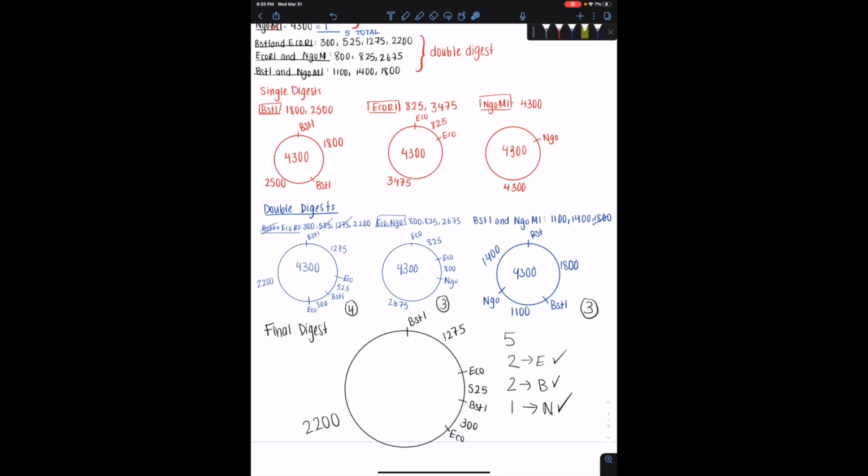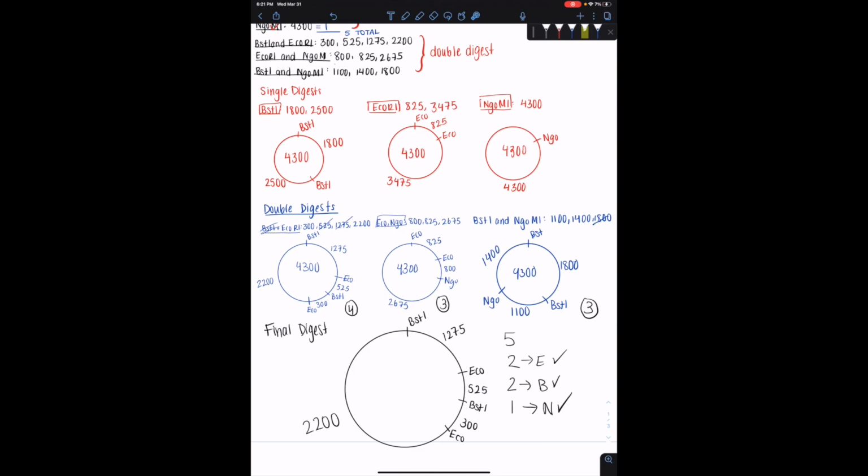Let's see. 1,400 plus 825. This is where you just guess and check and just try to find a combination of numbers that work and add up to any of the numbers up there.